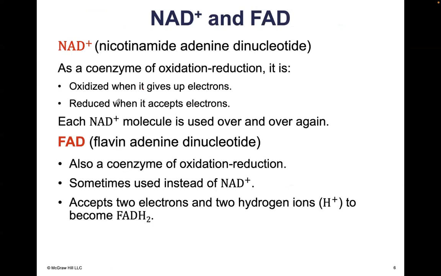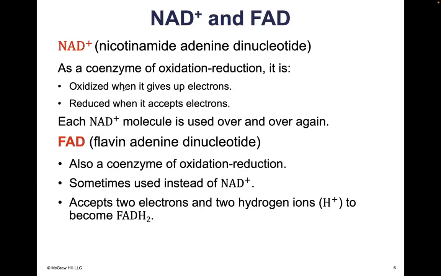Now let's talk about these coenzymes, which are very beneficial for the processes of oxidation and reduction. Nicotinamide adenine dinucleotide is a coenzyme of oxidation reduction. So it's an enzyme that easily facilitates the process of oxidation and reduction.